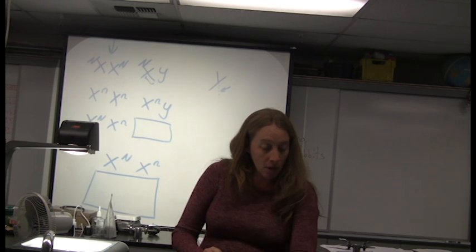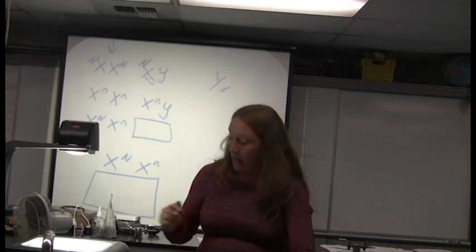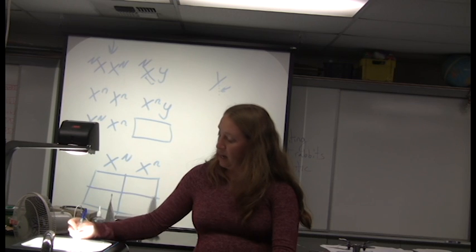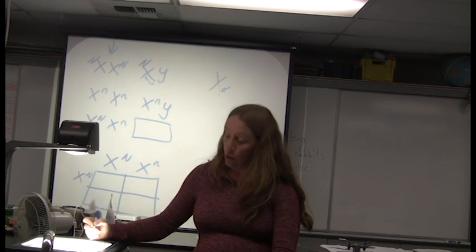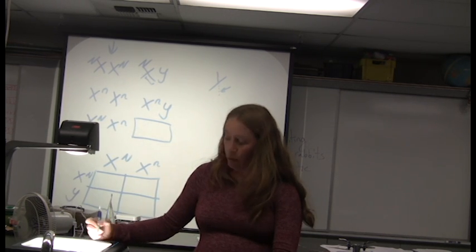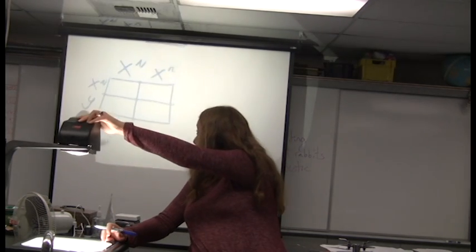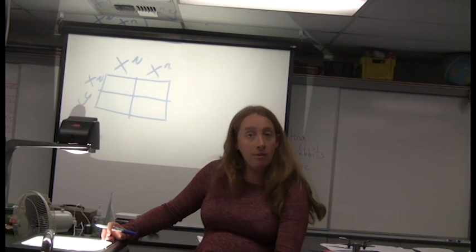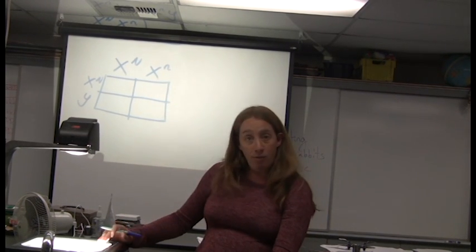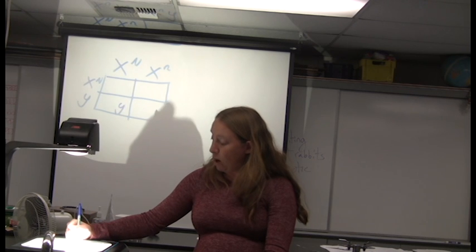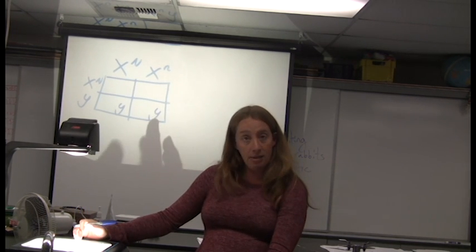Then it says she marries a normal man. So we have the X big N for normal and a Y for man. You always put the Y by itself, so you can immediately fill in Y, Y. Okay, these are going to be your guys.